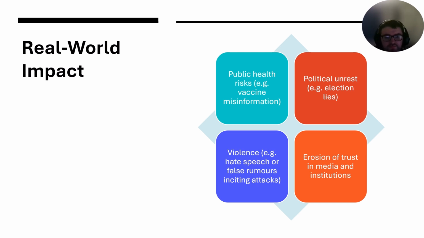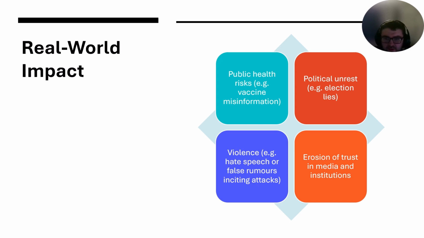There's violence, which can relate to hate speech or false rumors inciting attacks, fueled by misinformation that causes people to hate. And there's the erosion of trust in media and institutions, so loss of trust in, let's say, media, government, science, and society overall, which is all covered across this spectrum. The spread of misinformation damages more and more lives than just outside of the digital space.